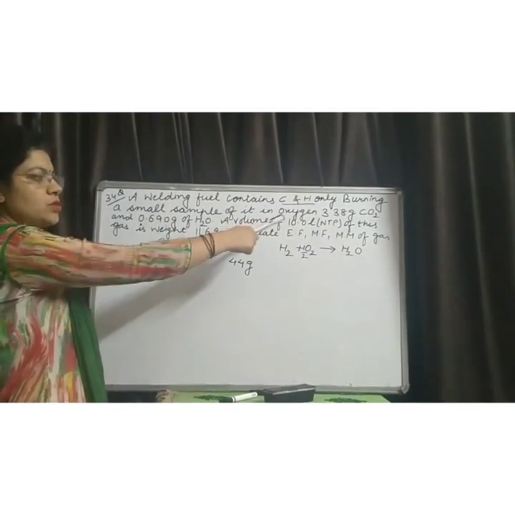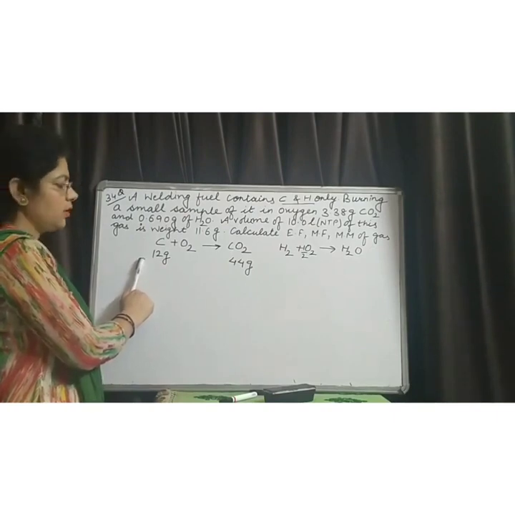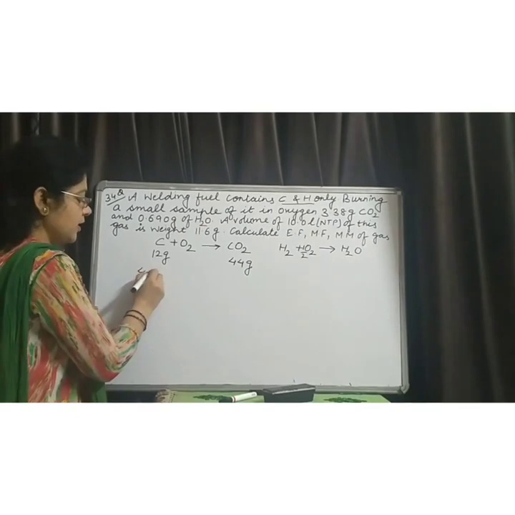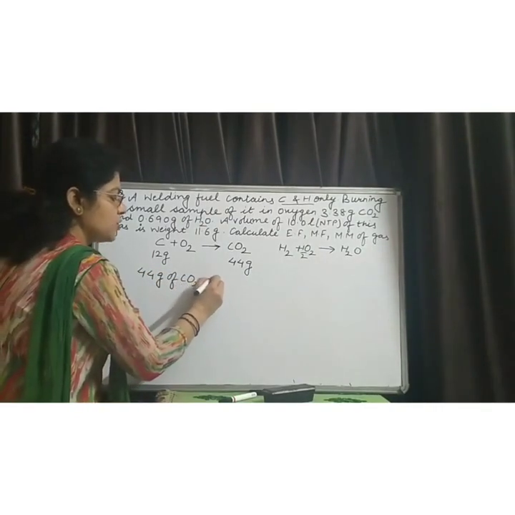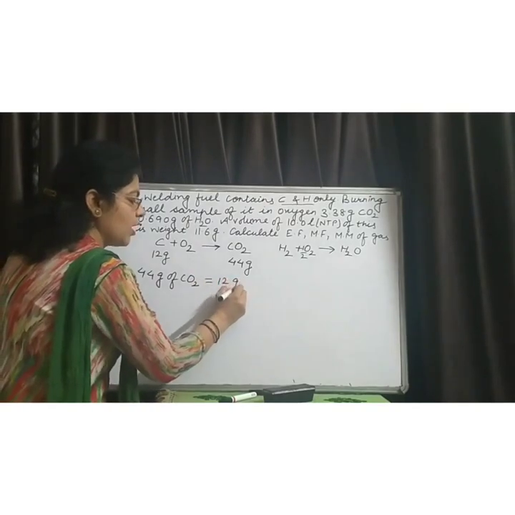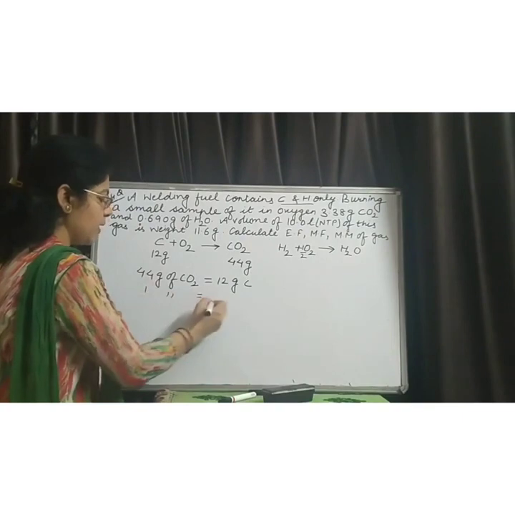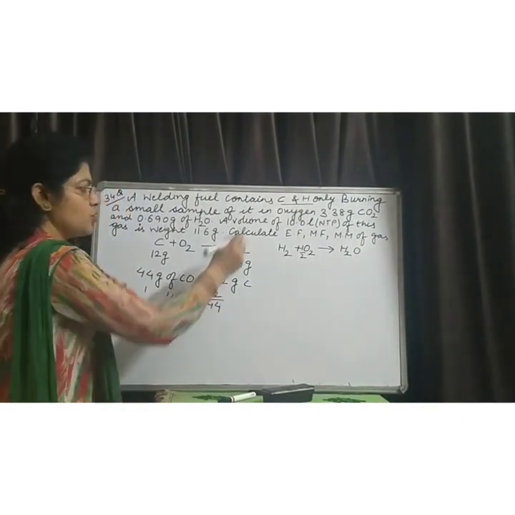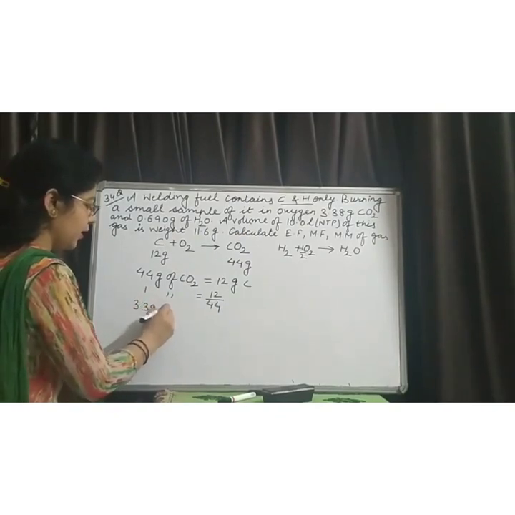So from this we can easily calculate the amount of carbon present in this. So, 44 gram of carbon dioxide is produced by 12 gram of carbon. 1 gram of carbon dioxide is produced by 12 upon 44, and in this question the amount of carbon dioxide is 3.38 gram.